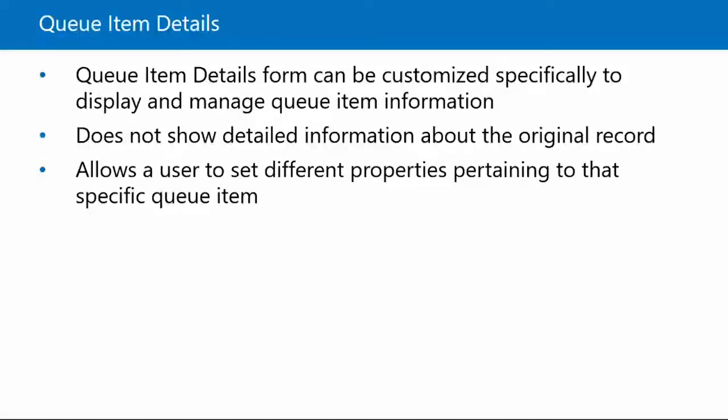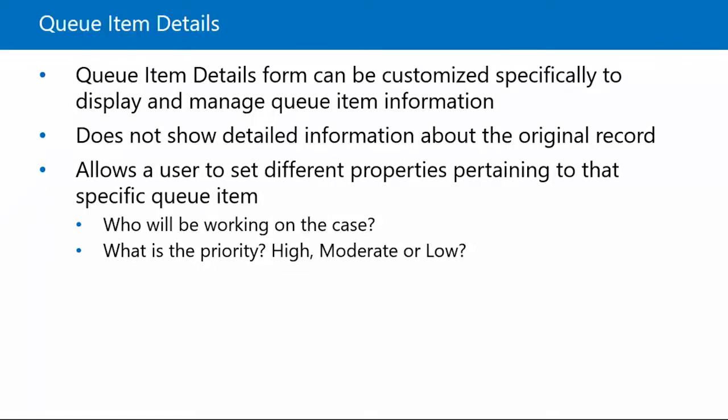On the queue item detail record, users are allowed to set different properties pertaining to that specific queue item, some of which include who will be working the case and what the priority is: high, moderate, or low. Most of the time, the property that is managed is who will actually be working on the case.